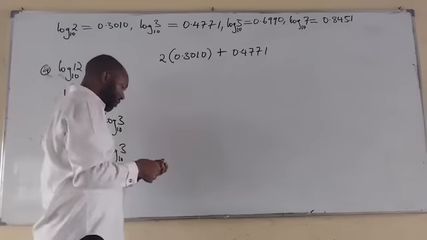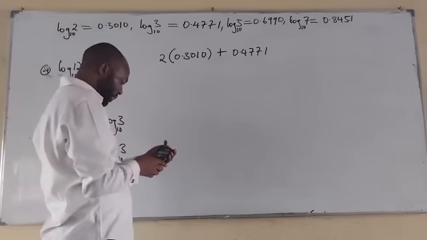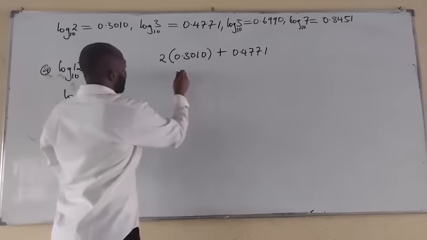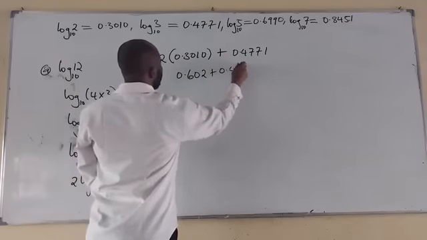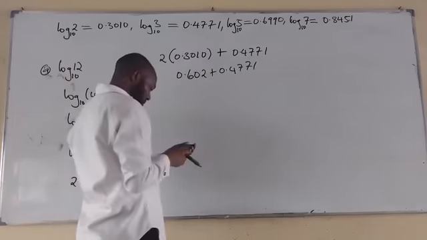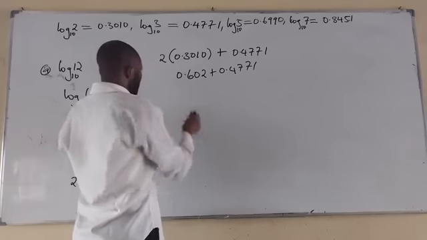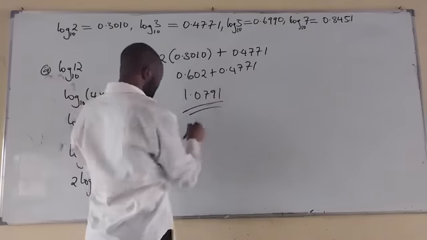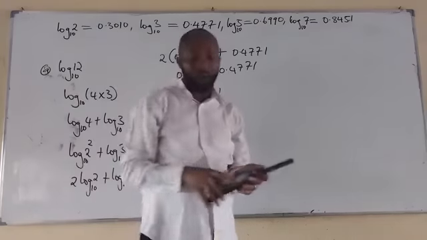So let's multiply 2 times 0.3010, which is 0.602. 0.602 plus 0.4771 is 1.0791. So that's our first answer, 1.0791.